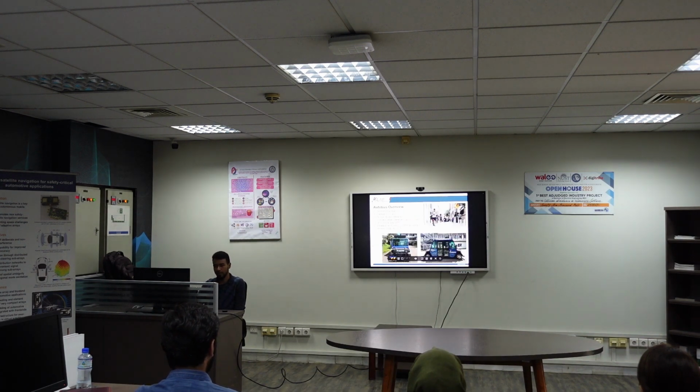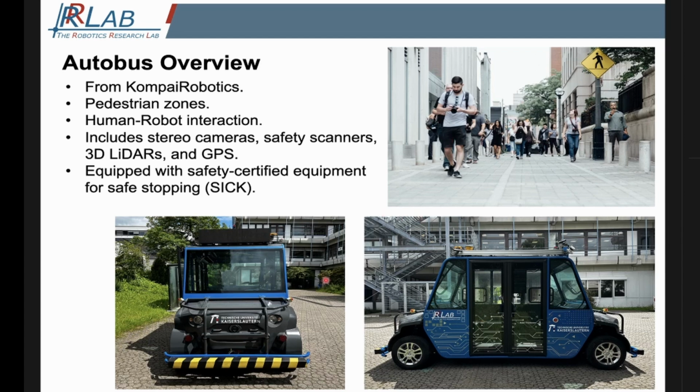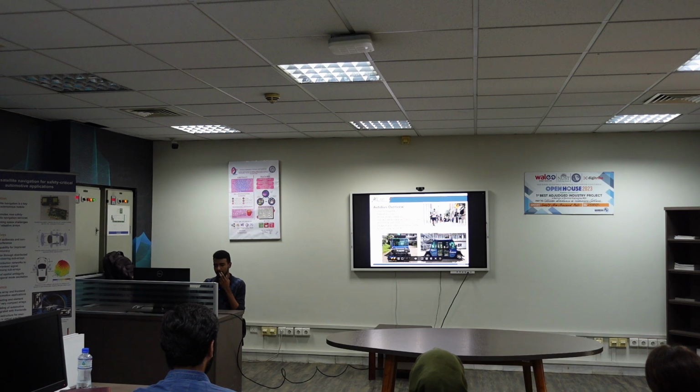Okay, so with the Autobus, the bus itself was bought from Campagna Robotics, a French company. When it was bought, it was driving manually. It didn't have any sensors or computers mounted on it.